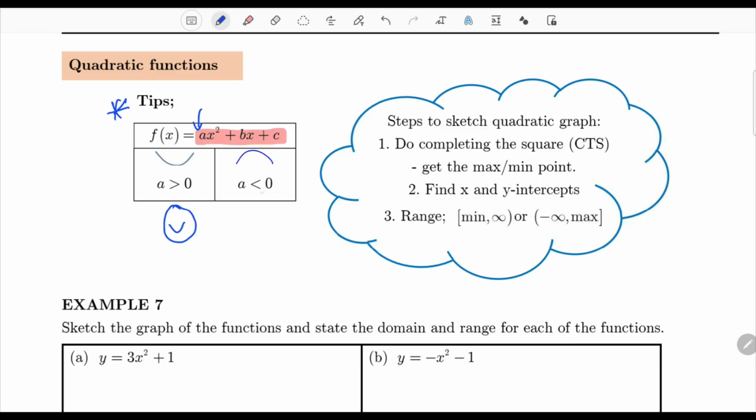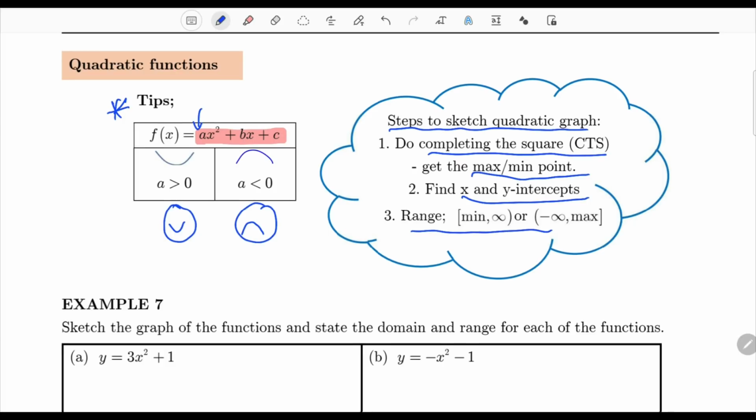If a is less than 0, you have the sad face. The steps to sketch: do completing the square, get the maximum or minimum point, find the x and y intercepts. Then only can we get the range.